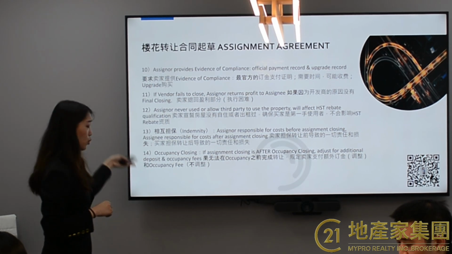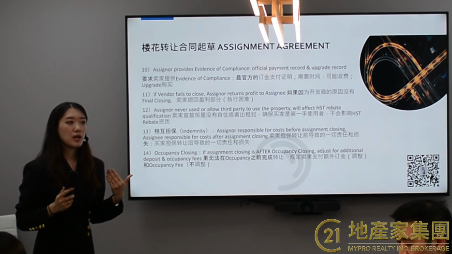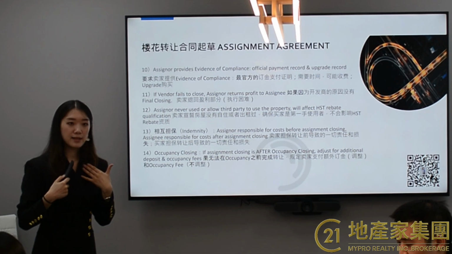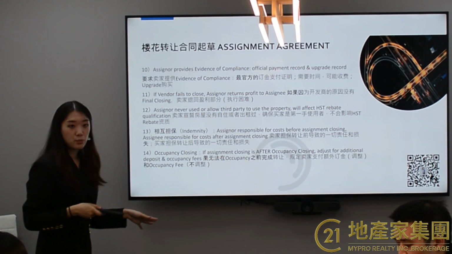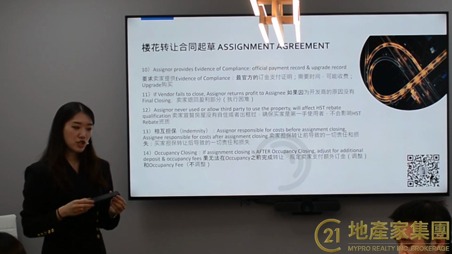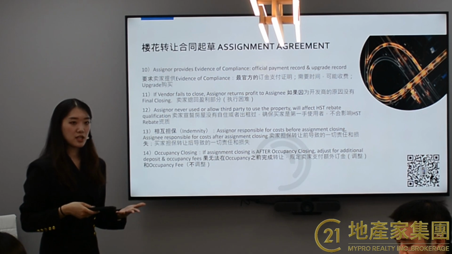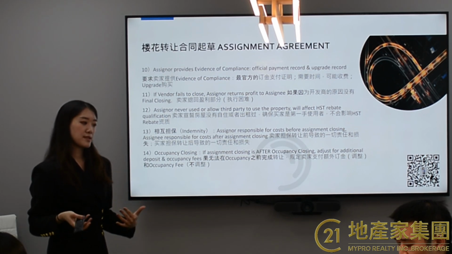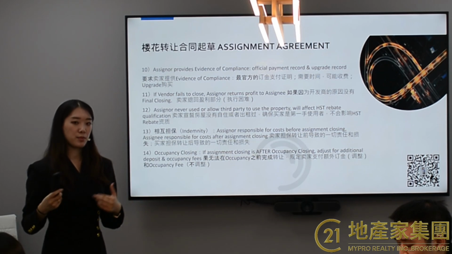So what we do is that when I review, if you tell me that it's already after occupancy closing, I'll put in another provision. This provision is the seller's representation and warranty, and the seller is going to represent and warrant that no one has ever used this unit for any purpose before.